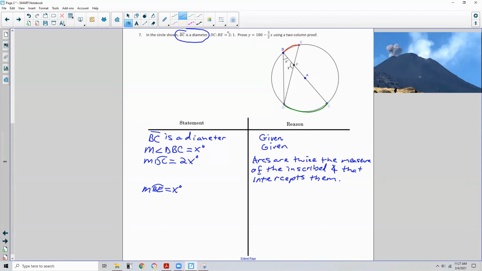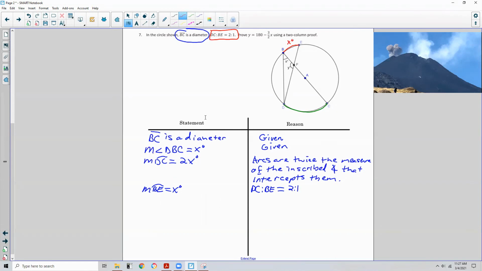Here is BE. It is this right here. If DC is 2X, it's a 2-to-1 ratio, so BE has to be X. So the reason is right here in red. DC is to BE as 2 is to 1. That was sort of a given, but you want to state that. Okay, great. So now I know that that's x. So let me label that as x degrees. So it's equal to this angle.